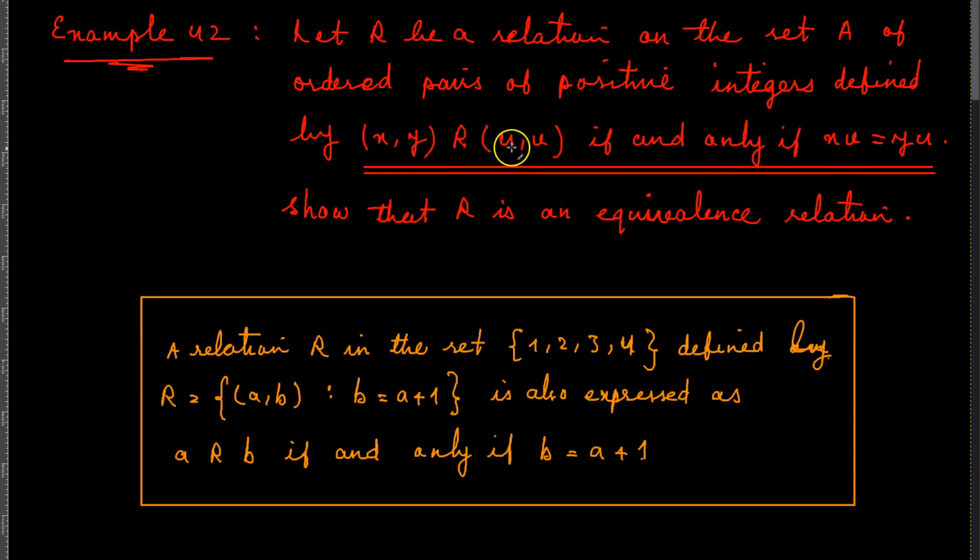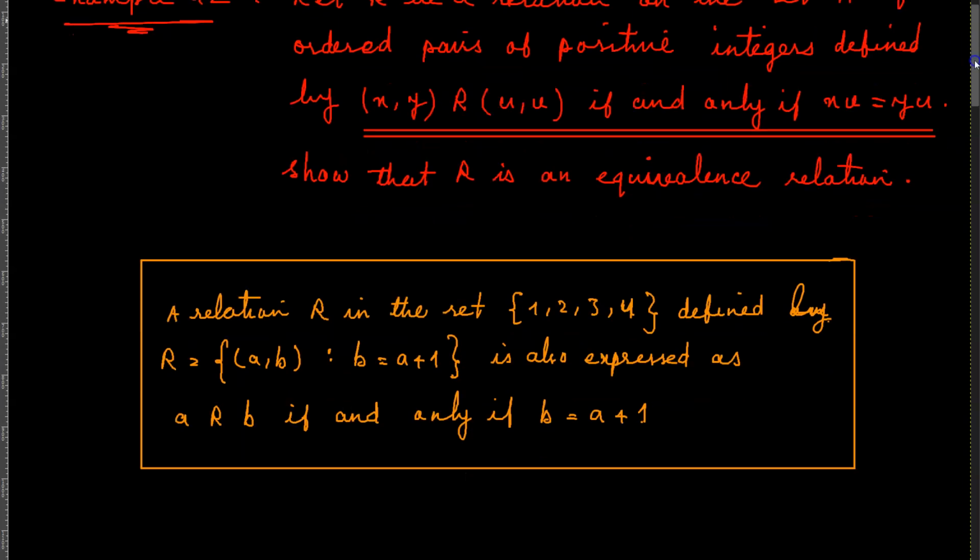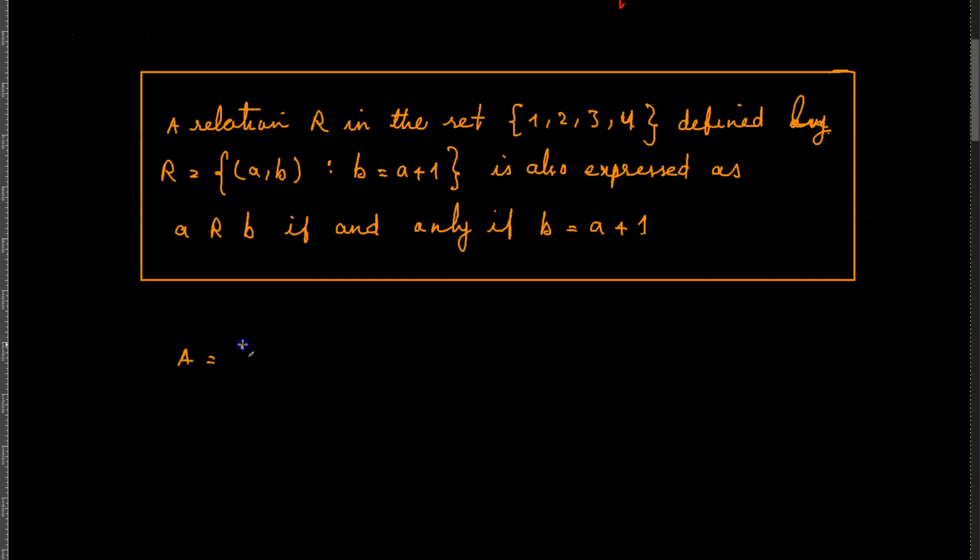Now the meaning of this is that, of course, this is doubly confusing because A in the first place is a set that contains ordered pairs. Normally A contains normal elements, for example 1, 2, 3, 4, 5, and so on.